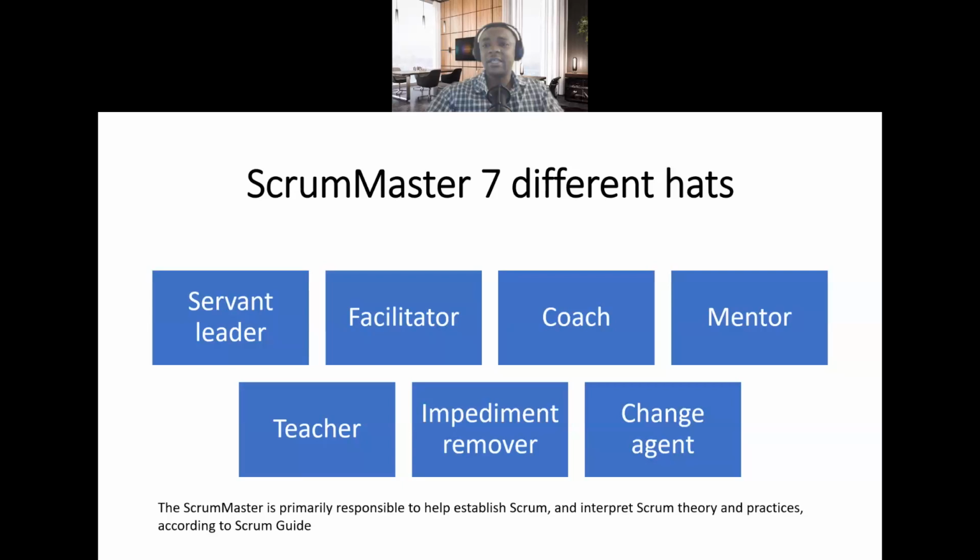This is not about the characteristics of what makes an excellent Scrum Master or a good Scrum Master. No, this is more or less the roles that a Scrum Master could perform among Scrum team members. You could see this video as module 1 of different roles that a Scrum Master performs. Because definitely a Scrum Master performs the role on an individual level, on the team level, and on the organizational level.